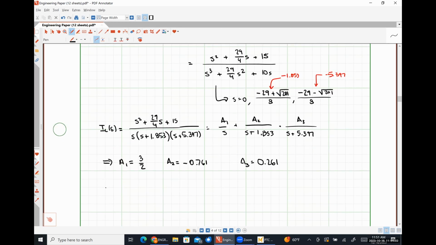From this, IL of t was 3/2 minus 0.761 e to the negative 1.853 t plus 0.261 e to the negative 5.397 t, times u of t.